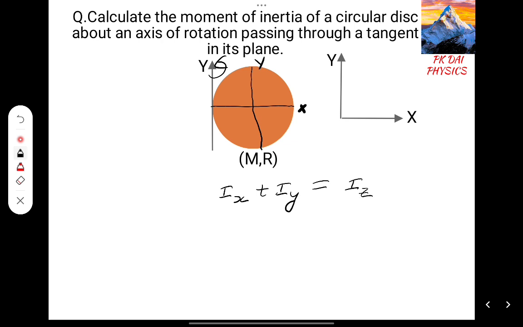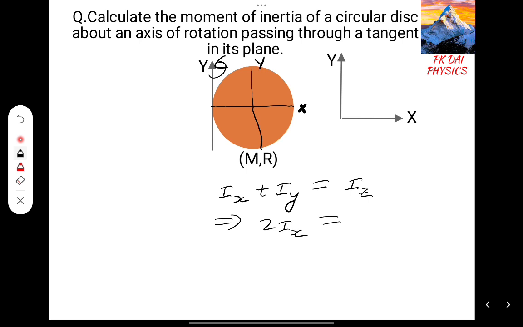In this case, about the x-axis and about the y-axis both are diameters, and it is symmetric, so the moment of inertia about the y-axis or the x-axis will be the same. So you can replace this by 2Ix, because Ix is equal to Iy.